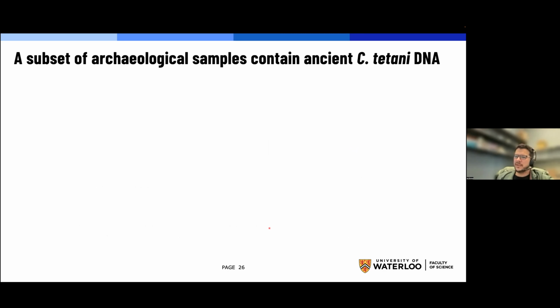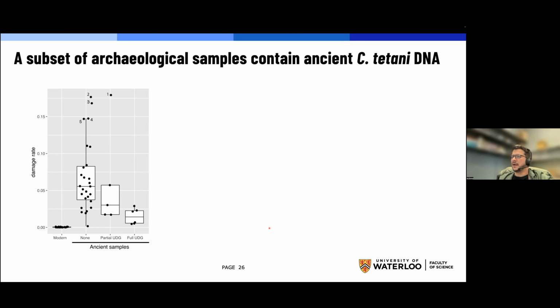So we applied this kind of analysis to all 38 of our samples, and we saw some very interesting things. First of all, on the left here, I'm showing you distributions of damage rates for different types of samples. As expected, if you look at modern C. tetani genomic samples, you do not detect damage, and this was done with a controlled data set of modern C. tetani genome projects.